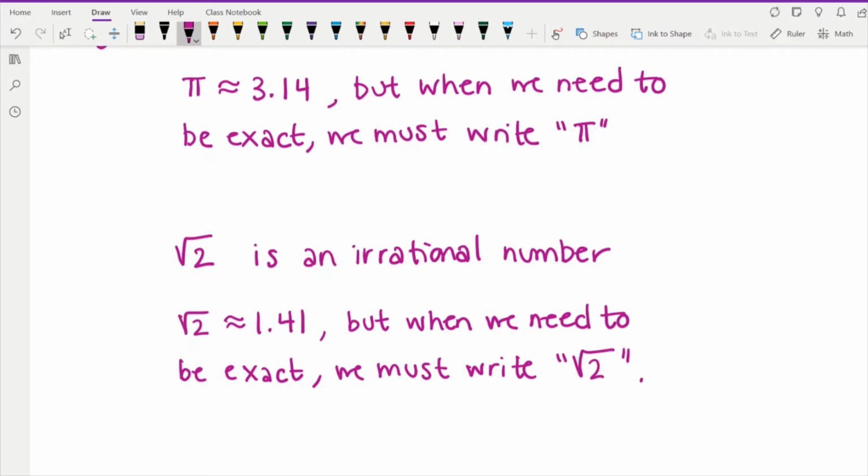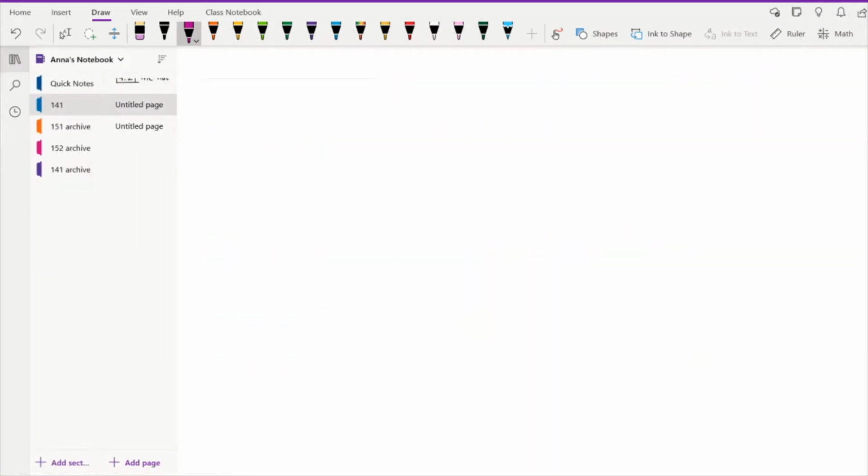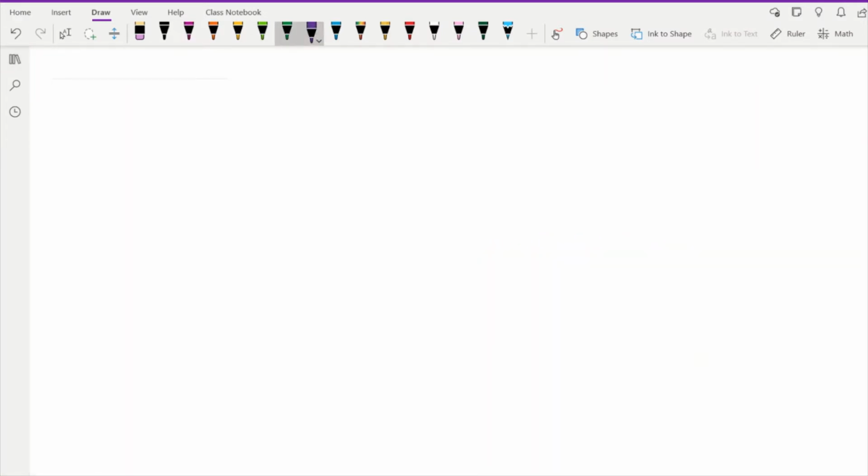Okay, so why are we talking about these numbers? Well, e, which is the number we're going to be focusing on in this video, fits into this category. It's another irrational number. So the number e, that's what we'll be talking about on this page, is an irrational number.